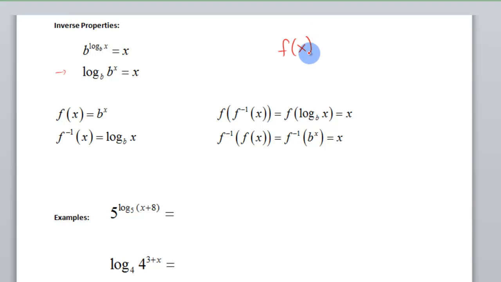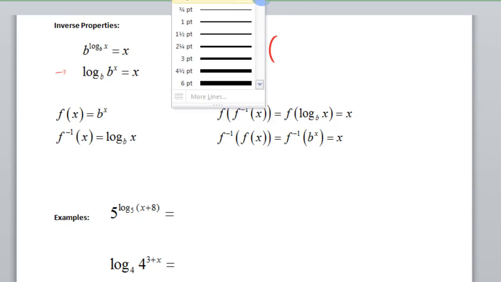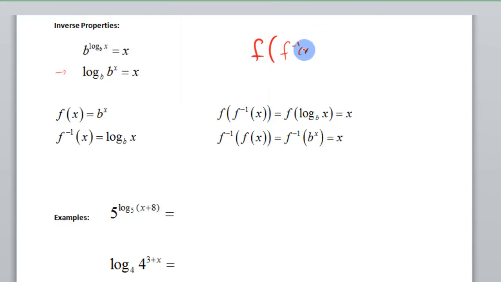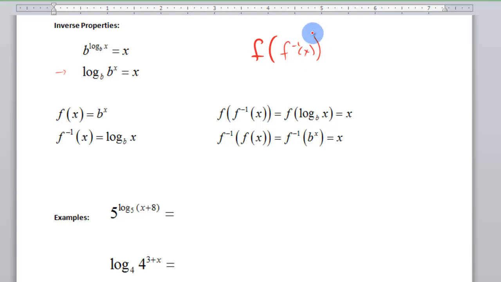If you have f of f inverse, this input x goes in, produces a y, the y goes into this guy and then produces an x. You're supposed to get the x back out. And if you do it the other way, the same kind of idea, put function f inside f inverse, you're supposed to get x back out.